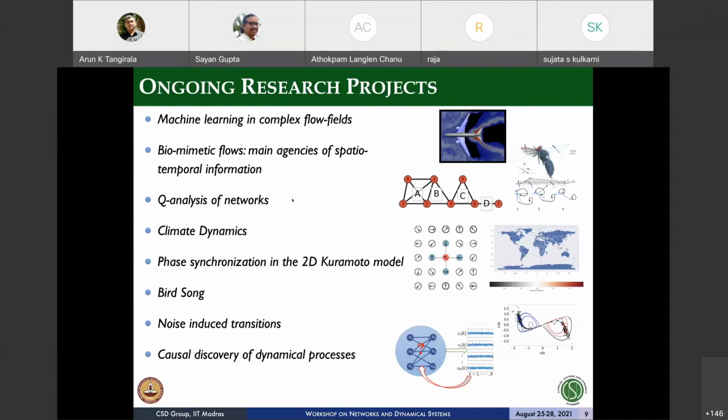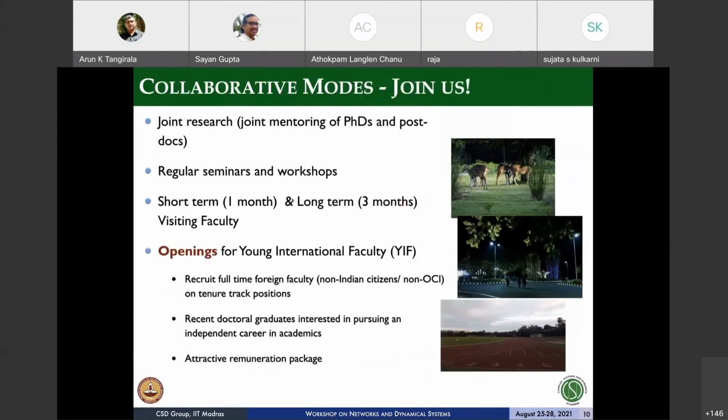Okay, so I'll again not walk you through the list, but rather talk about the modes in which you can engage with us. So we actively recruit PhD students, postdoctoral fellows, and very importantly, we are also looking out for young international faculty. This is a very recent position that has been opened up thanks to the ministry's encouragement and the institute's emphasis.